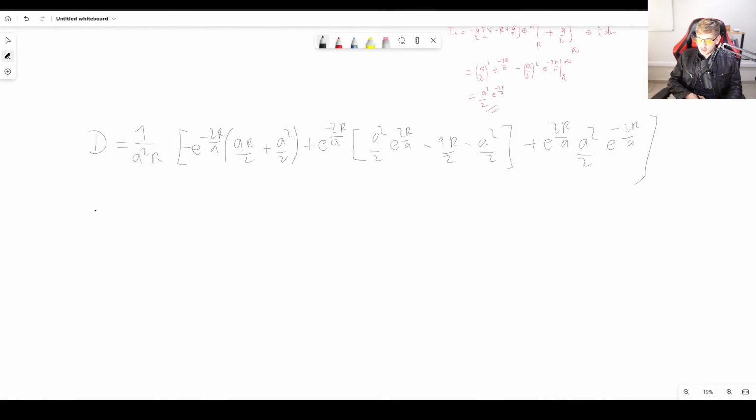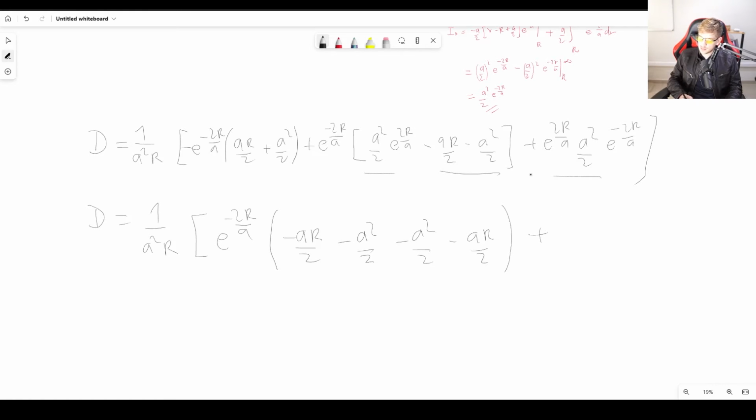So D will be 1 over a squared r, and then let's put everything that has e to the minus 2r over a. That's everything in here that has a minus sign in front. Don't forget about it. So minus ar over 2 minus a squared over 2. Then we have these: minus a squared over 2 minus ar over 2. And then everything that doesn't have an exponent, which will be this a squared and this a squared over 2.